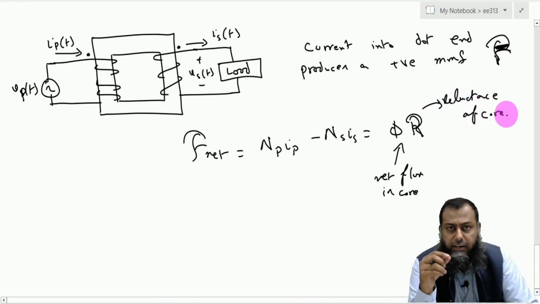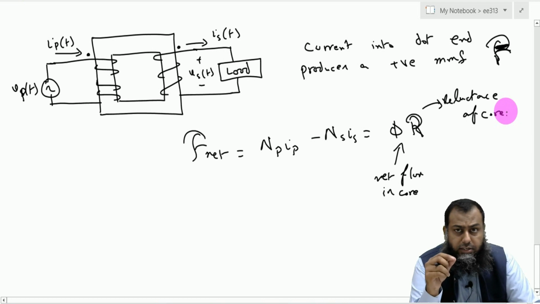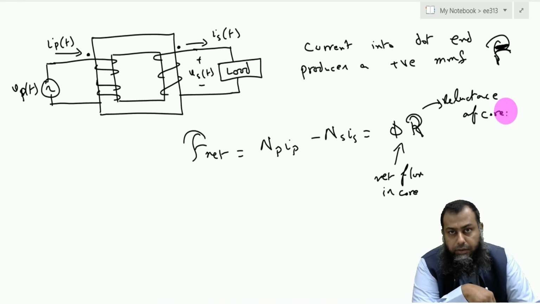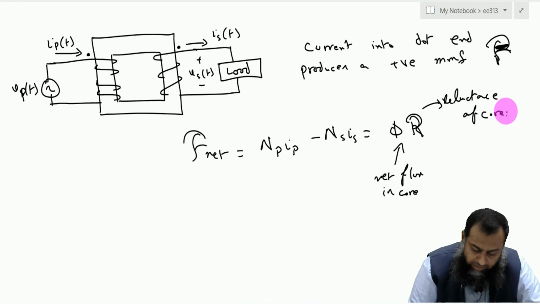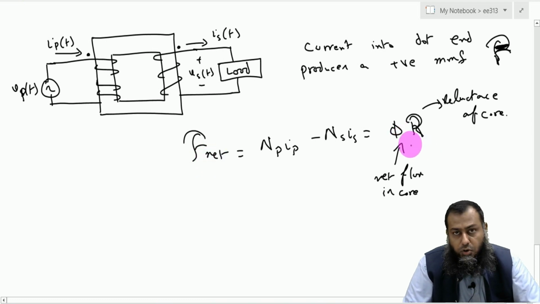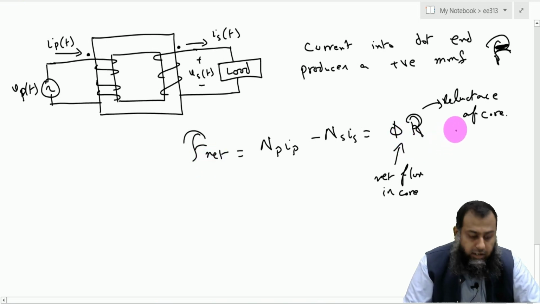So in magnetic circuits, we do not have the resistance, we have the concept of reluctance. While in electrical circuits, we use the term resistance to show that there is something which is resisting the flow of current. So in magnetic circuits, there is a concept of reluctance. So this F net, which is the net magnetomotive force, is equal to the net flux in the core times the reluctance in a given core.